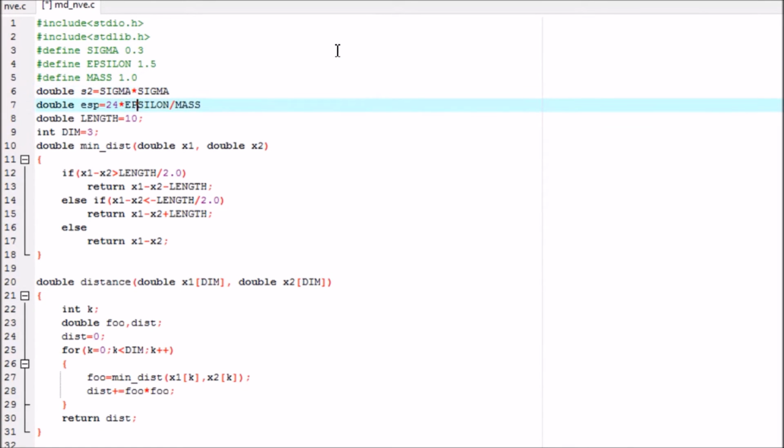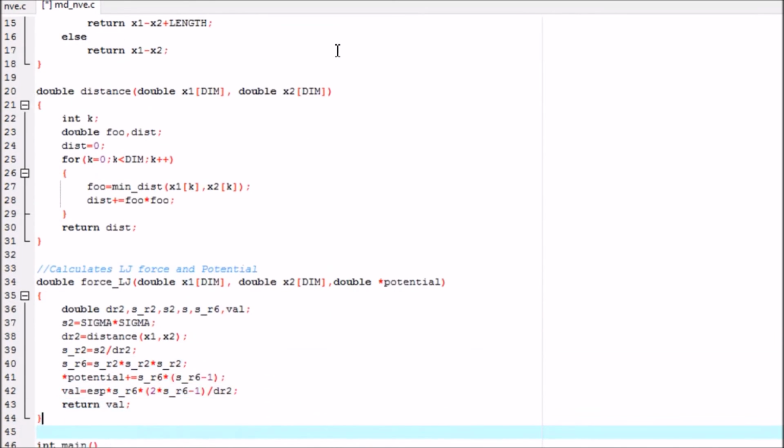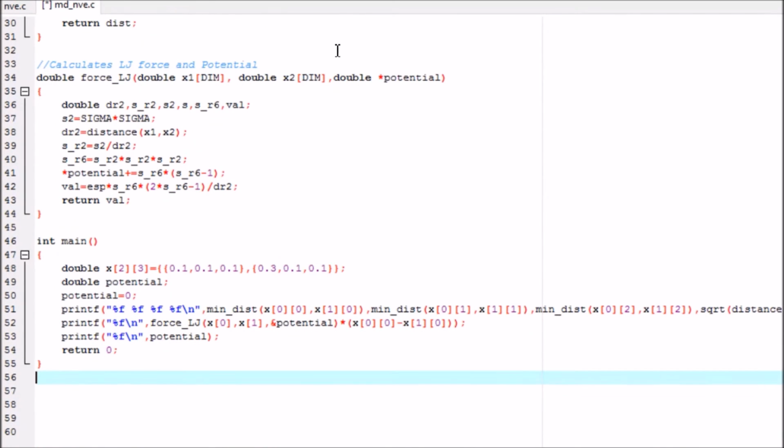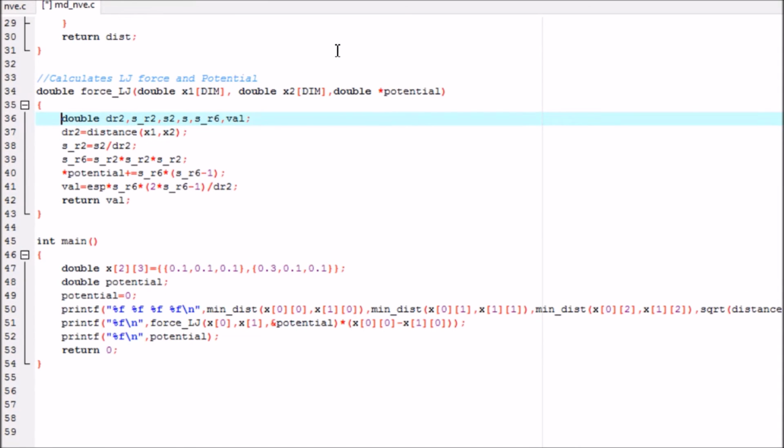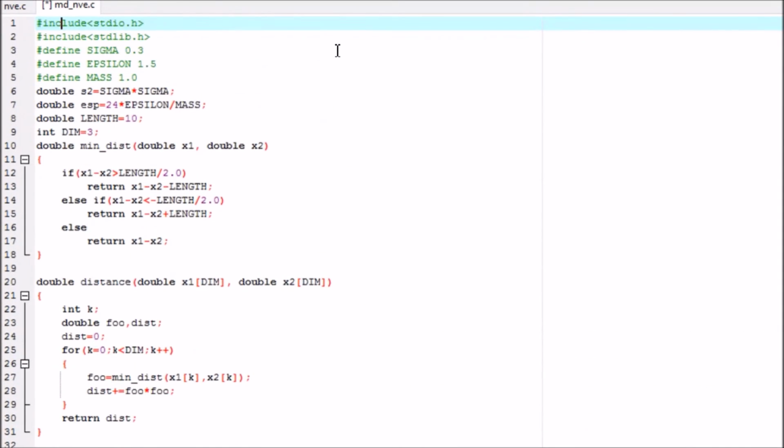We can later change it to the mass of particle which we'd be using, and we can also remove this part. So basically I don't want to calculate sigma square every time, just once, because it's a constant. So in a simple problem, we'll have just one particle, so we're dividing it by mass and storing it in ESP.